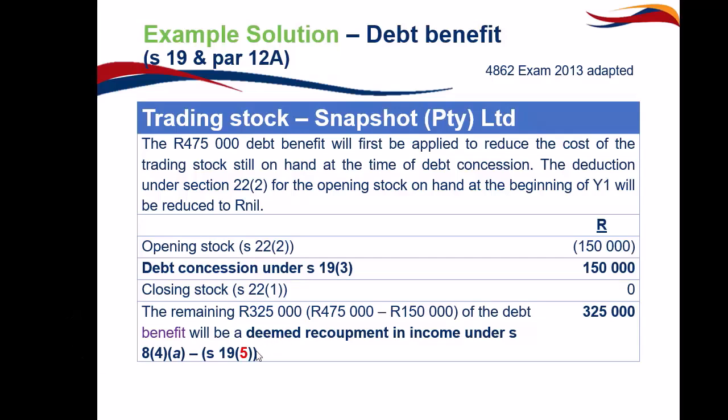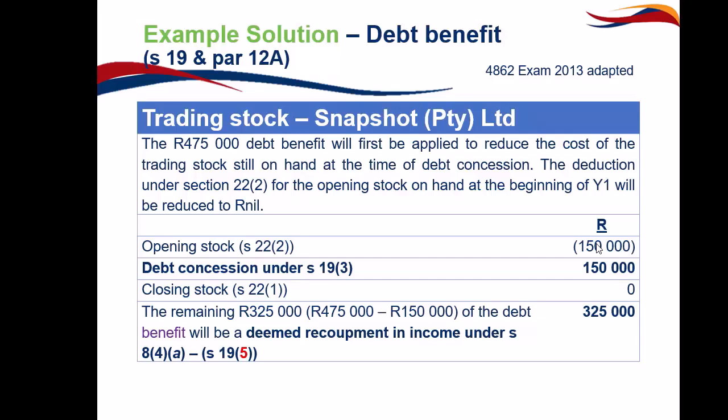So we'll have recoupment in terms of Section 19.5. I want you to also think about the trading stock provisions. So in this case, the trading stock was purchased in the previous year of assessment. So we will not have a Section 11A deduction, but we are expecting to see the opening stock deduction in terms of Section 22.2 of 150,000.